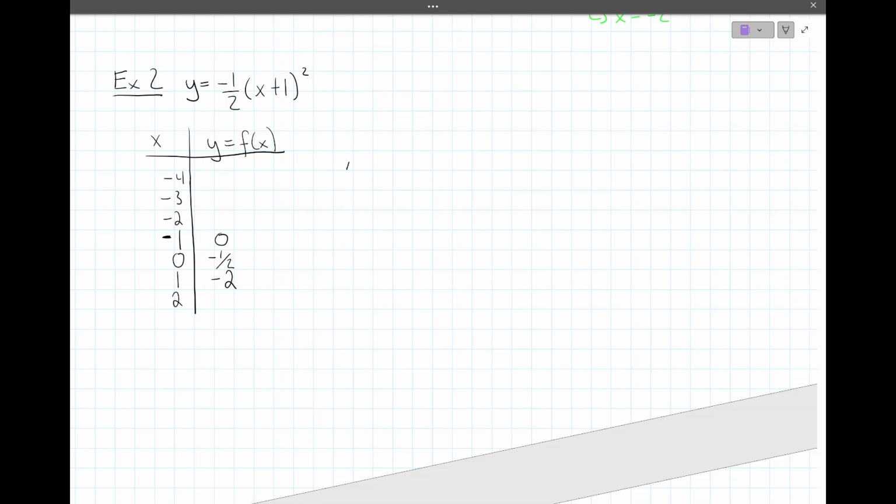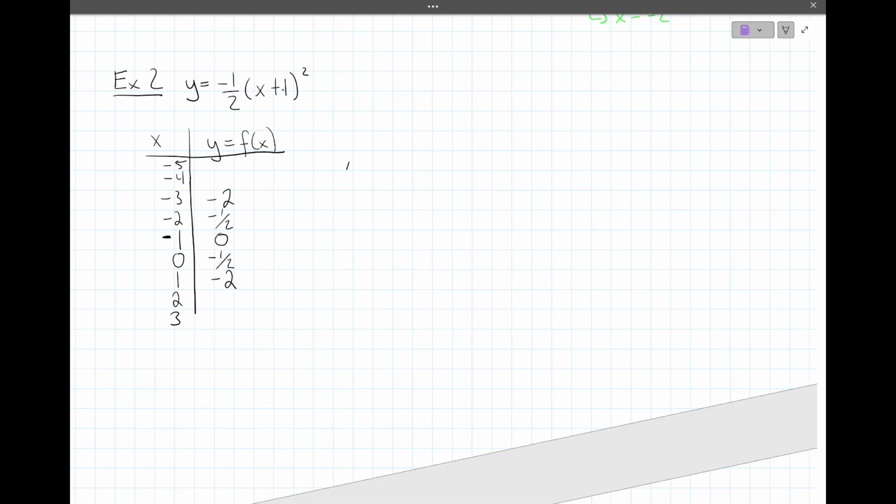And then here, we could put negative 5 and 3 just so that we get some nice even numbers to work with. Negative 2 plus 1 is negative 1. Negative 1 squared is 1. 1 times negative 1/2 is negative 1/2. This is going to be negative 2 by symmetry.